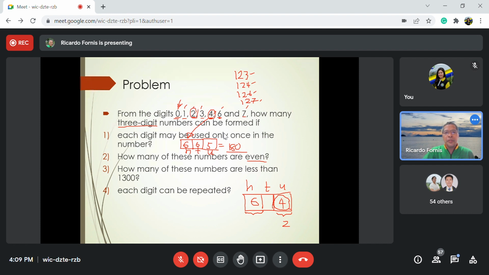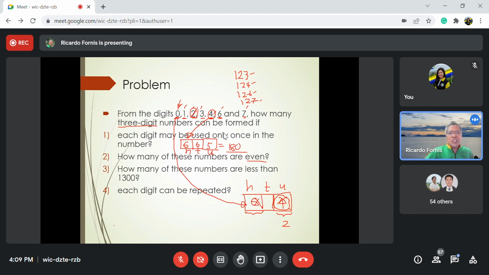How many are left? You have 0, 1, 3, 4, 6, and 7. Indeed, there are 6. But can I assign 0 here? No, so this is wrong. And it might not be advisable that you would say 4.